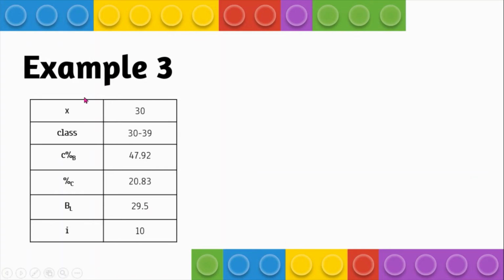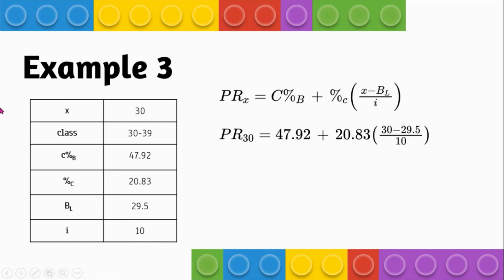Since we already have the values of x, C percent sub B, percent sub C, B sub L, and I, using the formula PR sub x is equal to C percent sub B plus percent sub C times the quantity of x minus B sub L all over I, we just have to substitute the values. So PR sub 30 is equal to 47.92 plus 20.83 times the quantity of x, which is 30, minus B sub L, 29.5, over the class size 10.